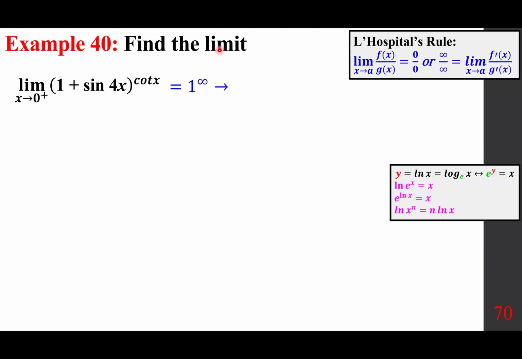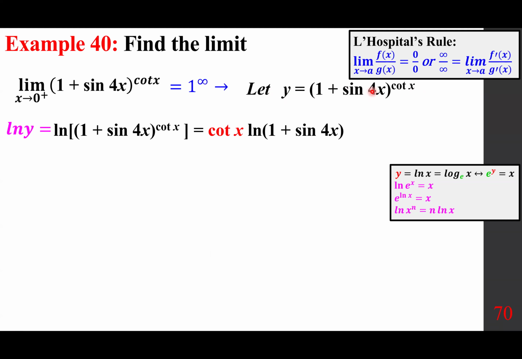So we are going to give this a name, y, because it's easier to deal with. y is this piece, the function (1 plus sine 4x) to the power of cotangent x. If I take the natural log of both sides, ln of y is ln of the right side, and then I can put the cotangent x in front using this power rule, if you will.